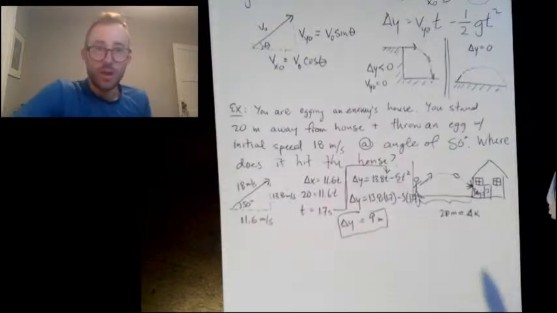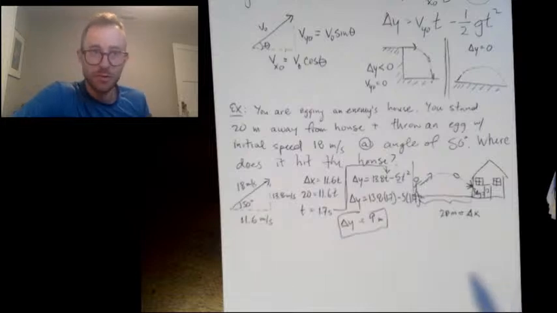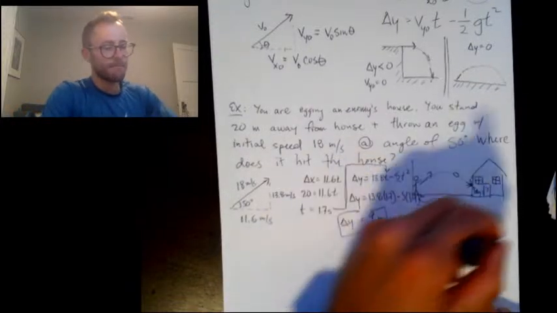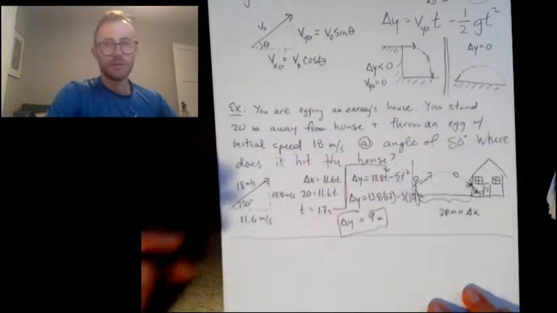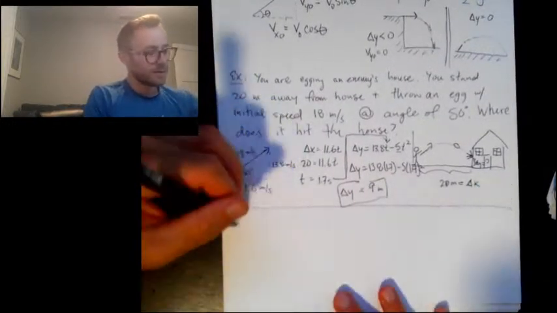Now, what would happen if the house is only 5 meters tall? Type it in the live chat if you know what would happen if the house is only 5 meters tall, or only 6 meters tall, or something like that. All right, I'm going to start working on the next example here.